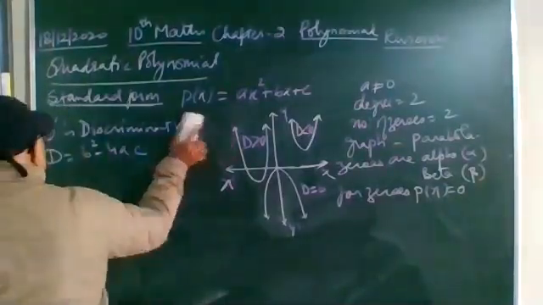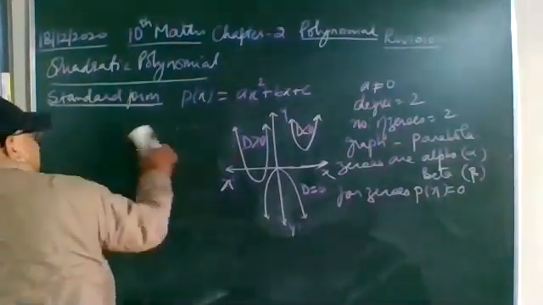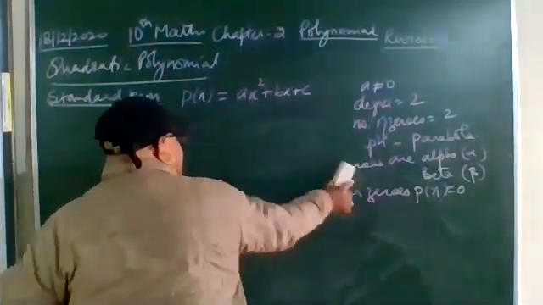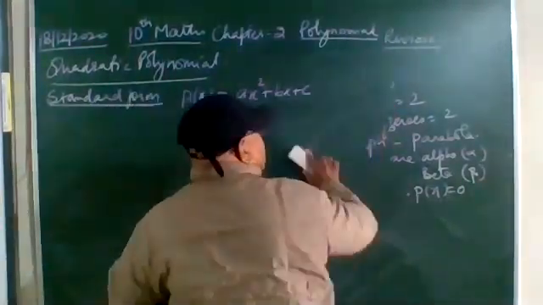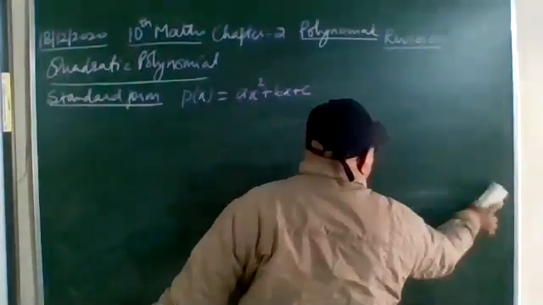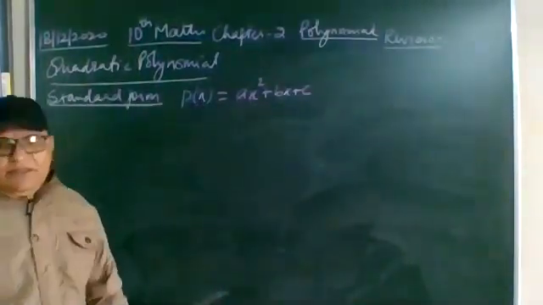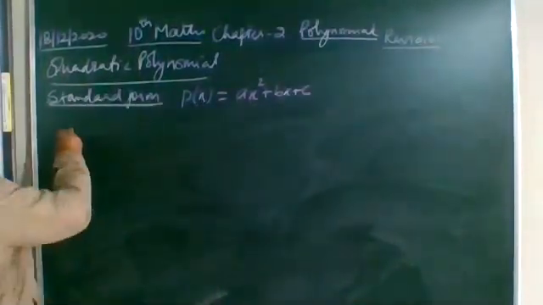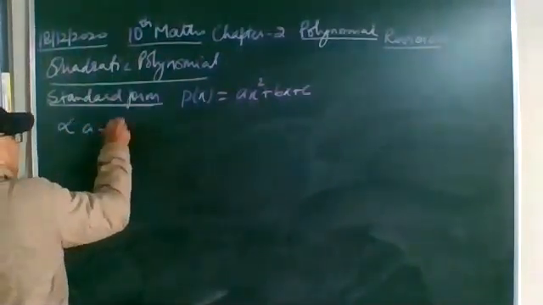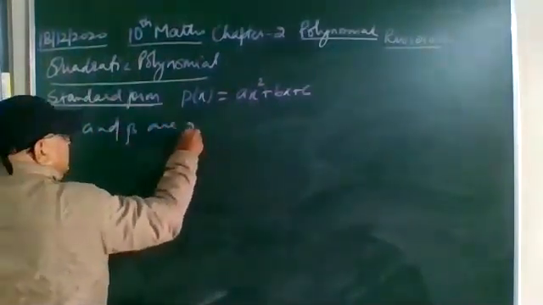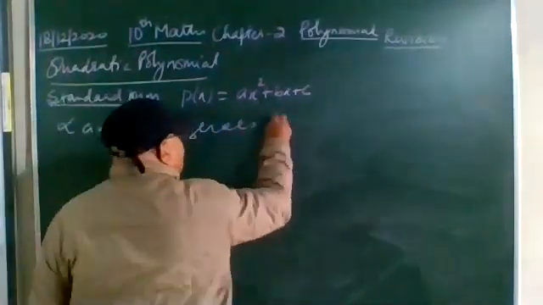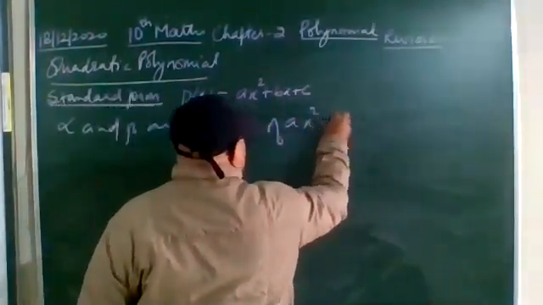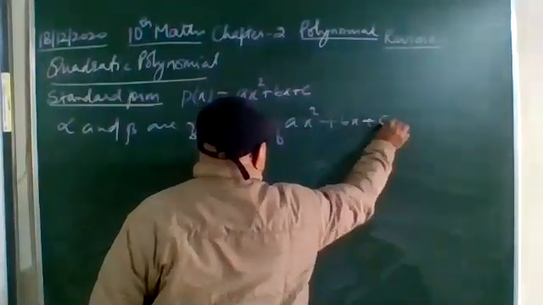After this, sometimes you will find in the questions, when you go to the literature, a variety of questions on this topic. The question is that alpha and beta are zeros of ax square plus bx plus c.